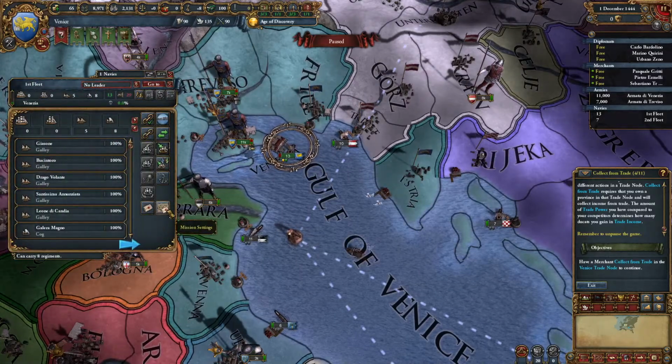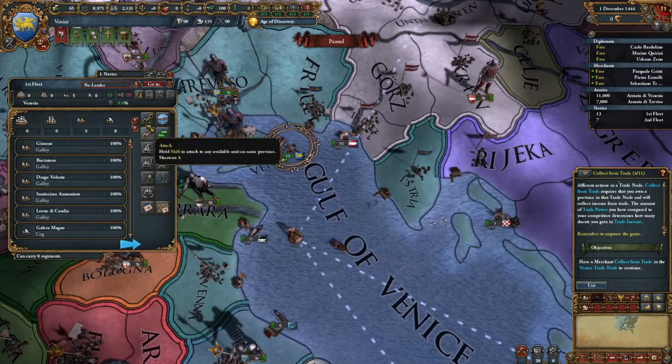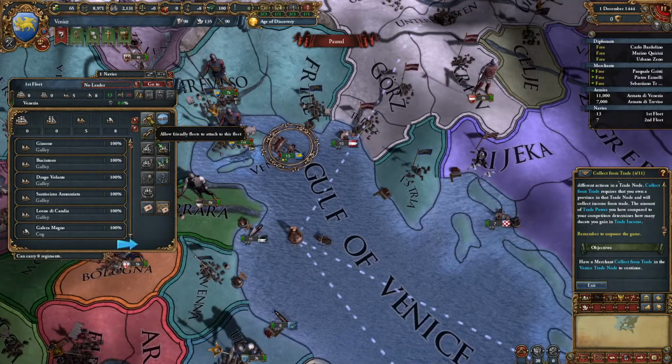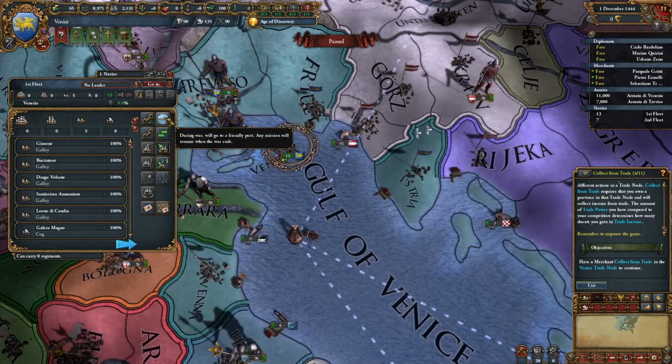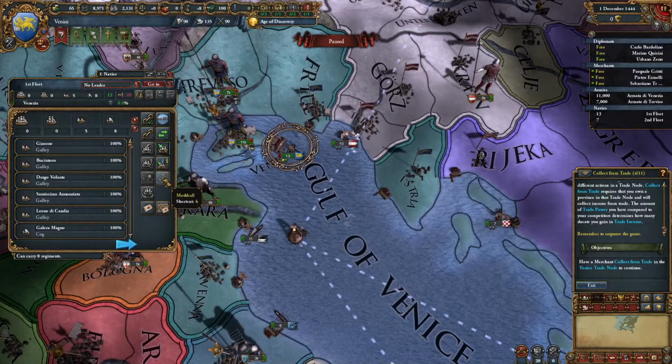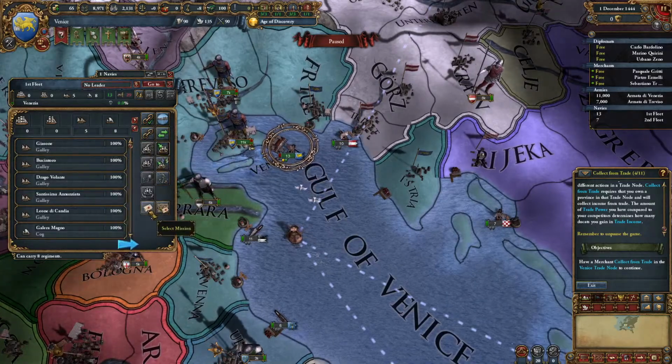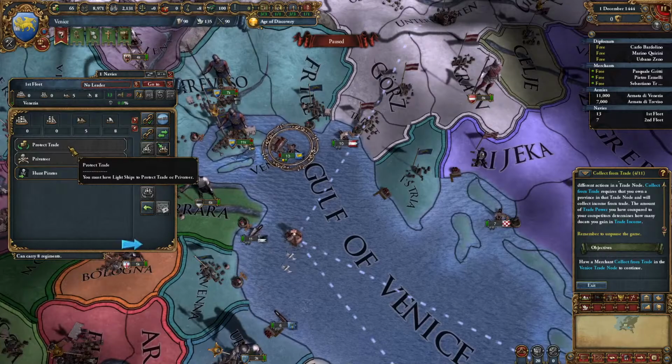Select a mission. Fly friendly ship fleets to touch the fleet. No. Select a mission. Protect trade.